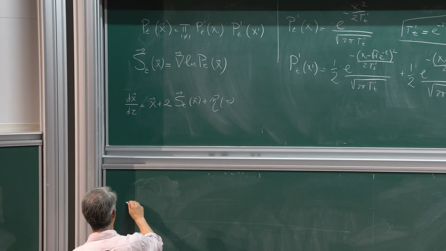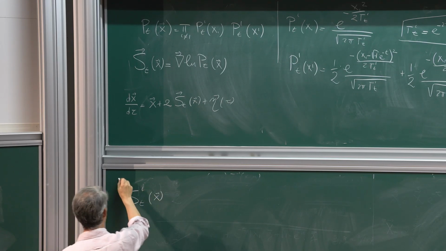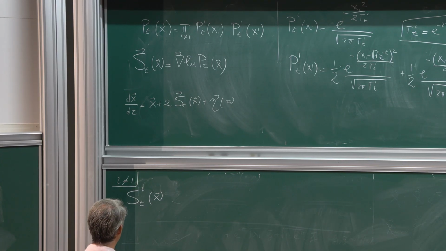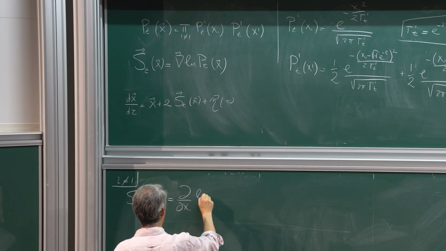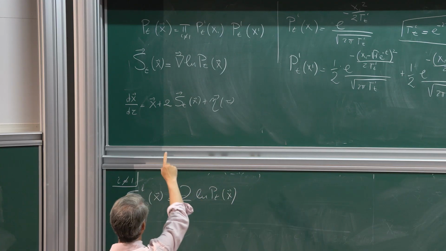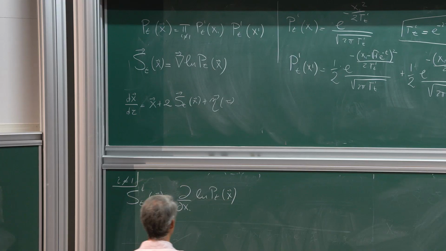Okay, so now, what is S1? Or maybe let me start with Si t of x for i different from 1. What we have to do is the derivative with respect to xi of log of pt of x. Look at what pt of x is: it's independent between the different x.